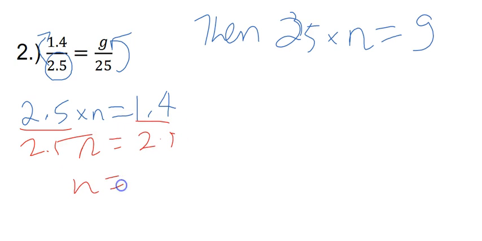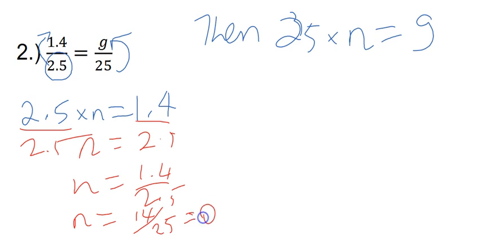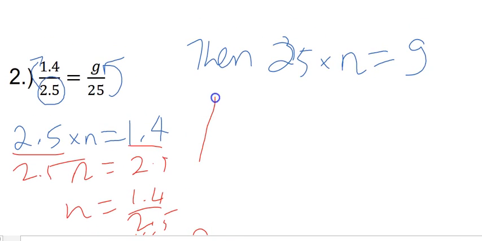So n is going to be 1.4 divided by 2.5, which if you simplify, you can have 14 over 25 if you want, or 0.56 if you make it decimal.